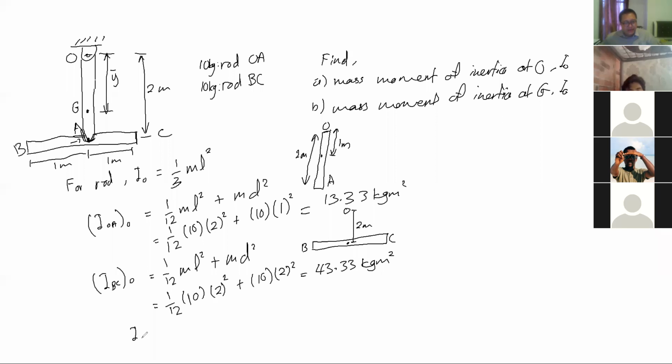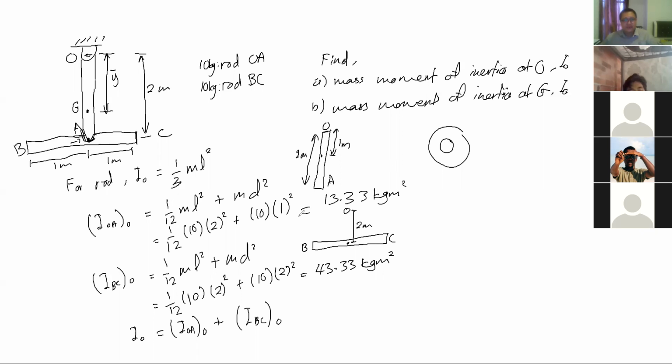And I_O is going to be I_OA with respect to O plus I_BC with respect to point O. On the previous example, we put a minus here because you have a hole inside this particular disk.